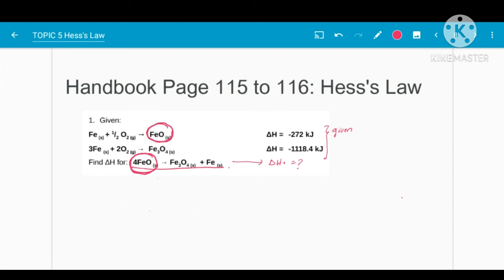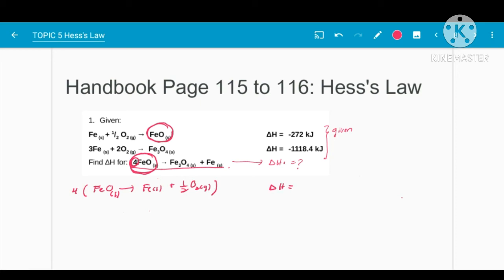So modify this first equation. FeO produces Fe solid plus 1/2 O2 gas, and multiply by 4 because there is a coefficient of 4.